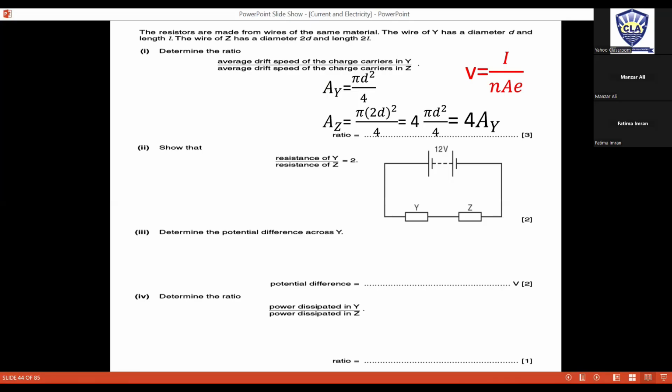That means area of Z is 4 times area of A. So we replace that. Area of Z will be 4A. All the things cancel out and we are left with 1 divided by 1 by 4. And if it is 1 divided by 1 by 4, your answer is 4:1 because 4 goes into numerator for multiplication.